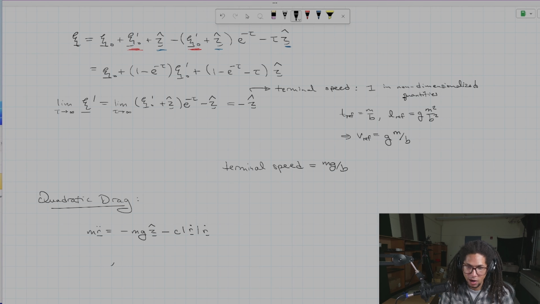So here, my reference length, Lref, is equal to m over c, and my reference time, Tref, is equal to the square root of m over gc. As you might anticipate, the non-dimensionalized version of this is going to be c double prime equals minus z hat minus the length of c prime times c prime.